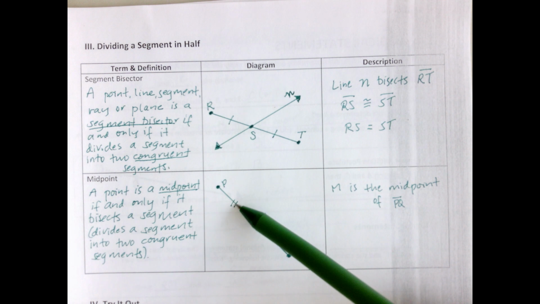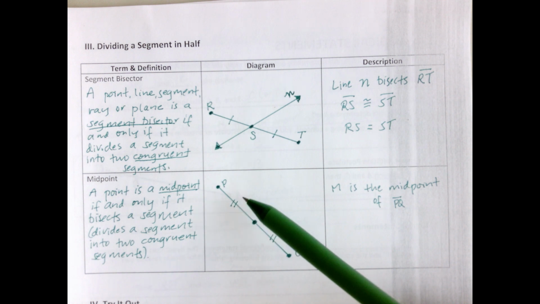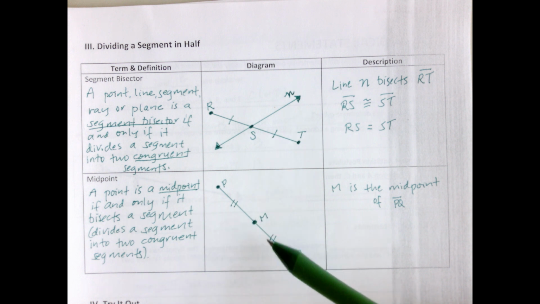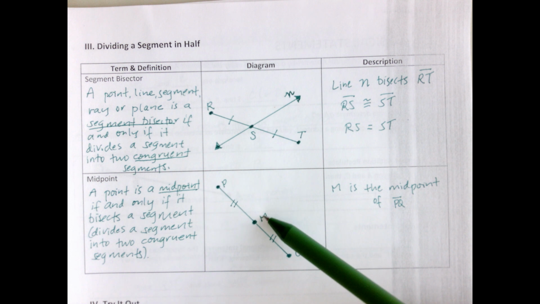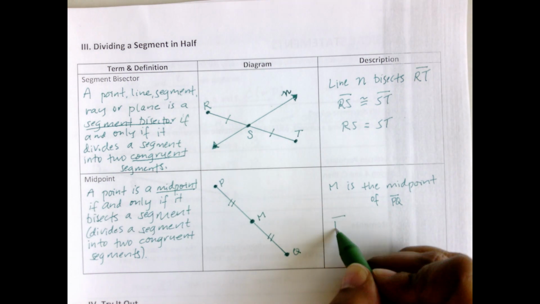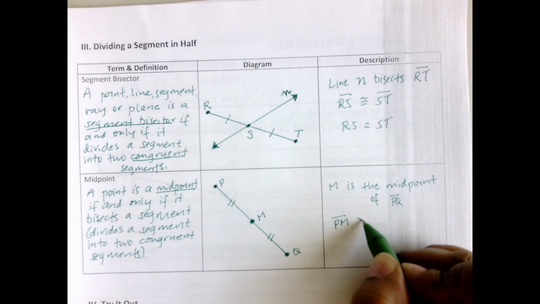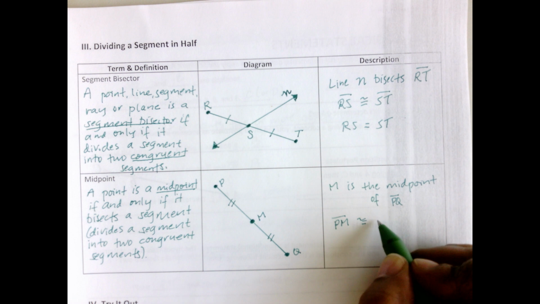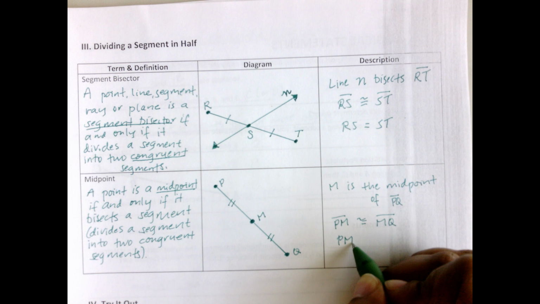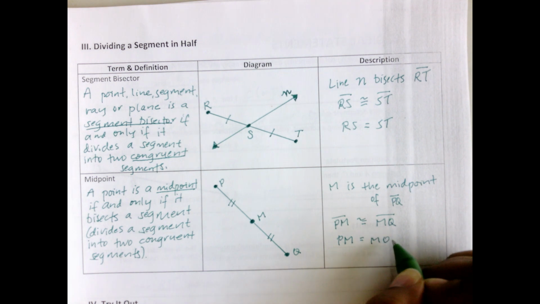As long as the same number of tick marks are indicated for segment PM as are indicated for segment QM or MQ, that means that segment PM is congruent to segment MQ. I'm going to write that here. So segment PM is congruent to segment MQ, and the length of PM is equal to the length of MQ.